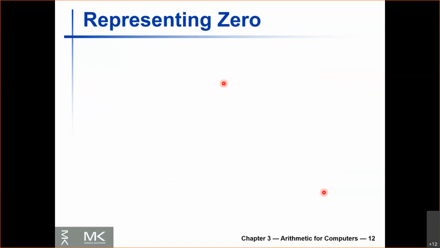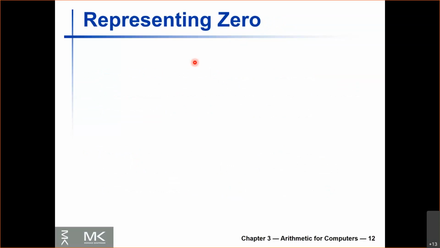So let's talk about 0. If you remember, when we were looking at the largest and the smallest possible numbers that we can represent, I told you that there are two exponent values that are reserved. One of them was the all zeros exponent value, and the other one was the all ones exponent value.